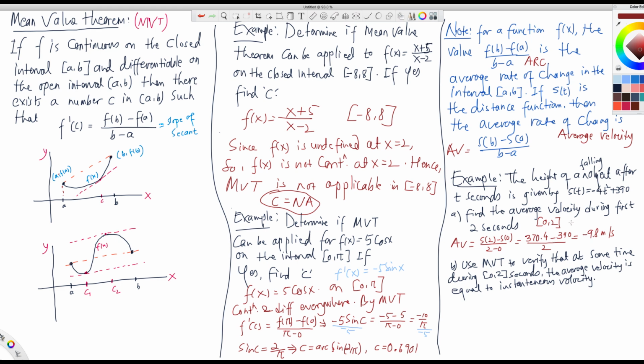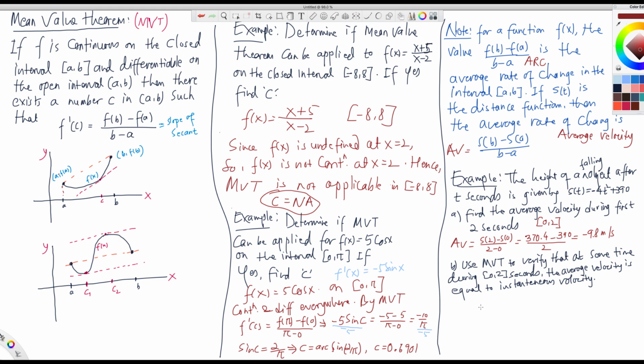Okay. Now the next thing you do here is use the mean value theorem to verify that at some time during 0 to 2 seconds, the average velocity is equal to the instantaneous velocity. Basically, you want to find c here. Okay.